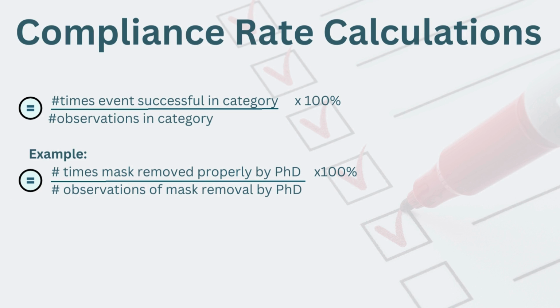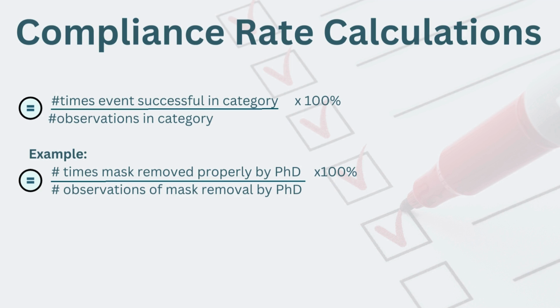In the example here, you would divide the total number of times that proper removal technique for masks was observed for a particular healthcare worker that you are currently auditing by the total number of observations of that practice for that staff category. This would include both observations where it was done properly and observations where it was done improperly.